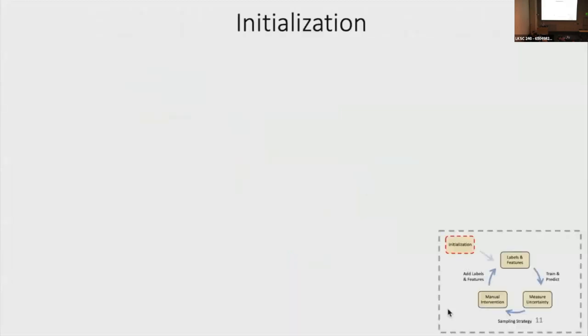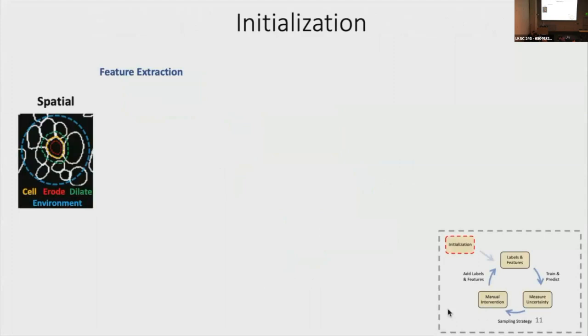So for the initialization, what we did is we extracted spatial features from each cell. So we took the cell segmentation that we got from Mesmer, we expanded it a few pixels, we eroded it, made it shrink some pixels, and then we also looked at the environment, and then we calculated for each of those different segmentations the expression of each marker in there.